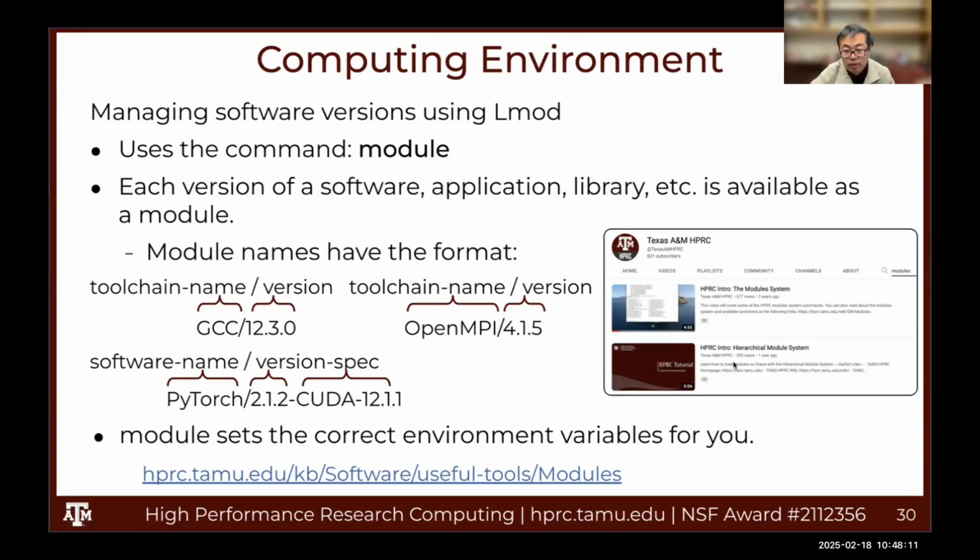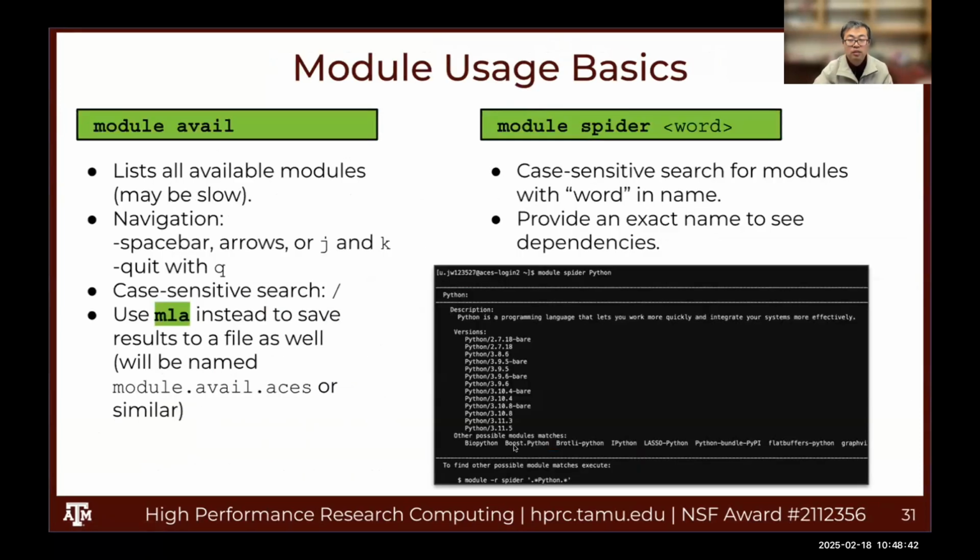So, we know that the module system is hierarchical, so the software could be built on other software. So when you do this, you can do module spider PyTorch with the version CUDA 12.1.1. You will find its dependencies, and then first load the dependencies, and then load PyTorch, and the software you want.